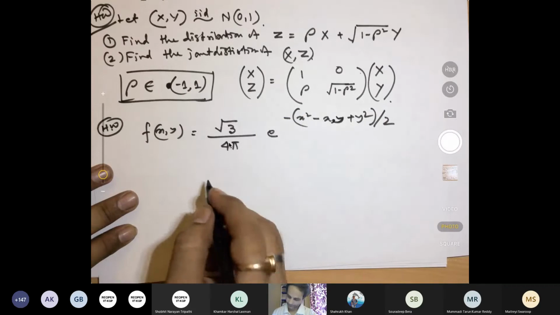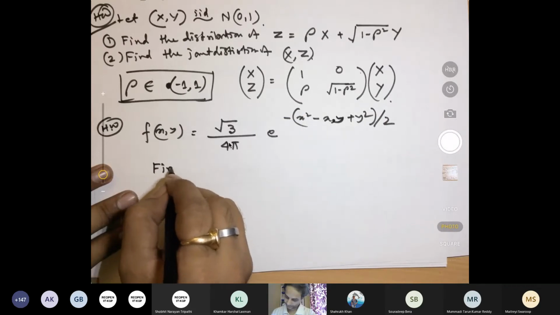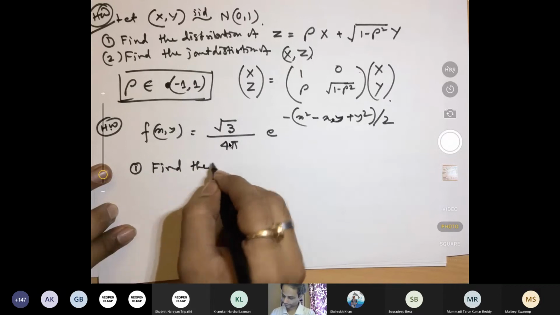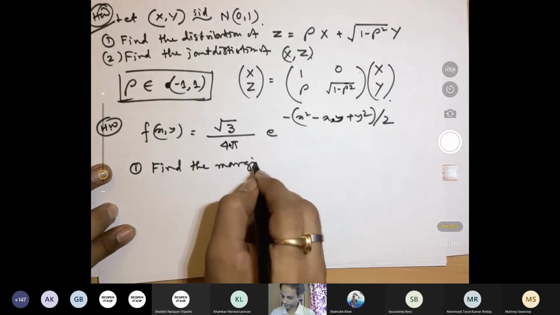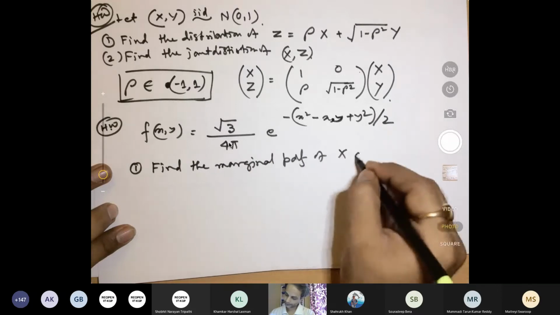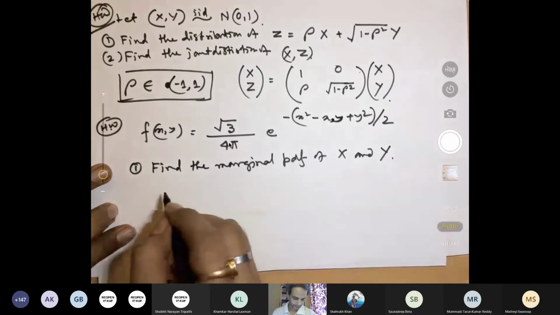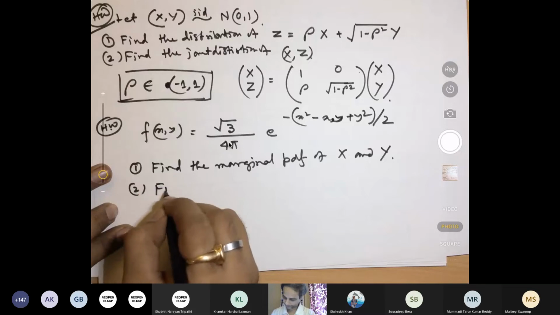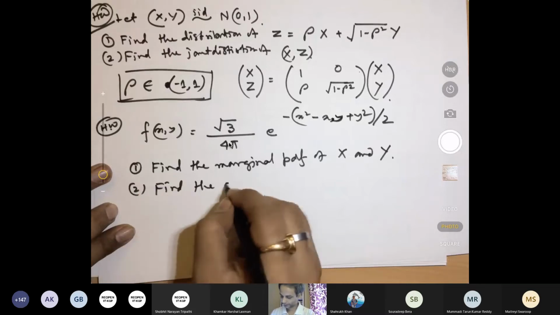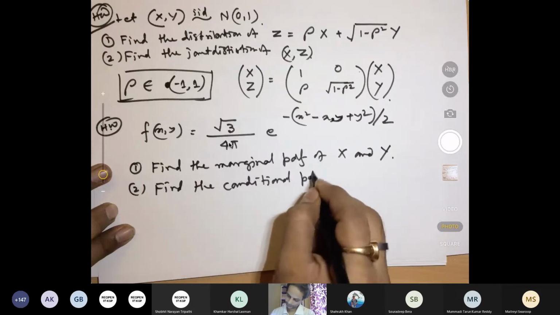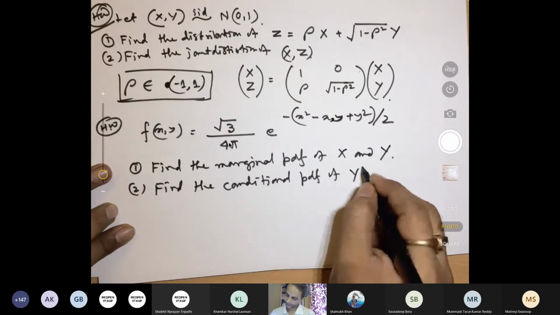Find the marginal PDF of x and y, and find the conditional PDF of, say, y given x.